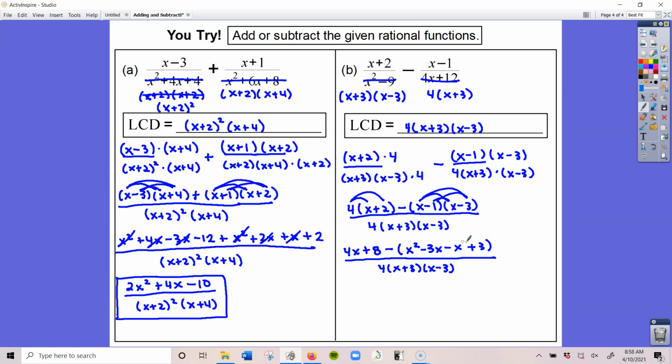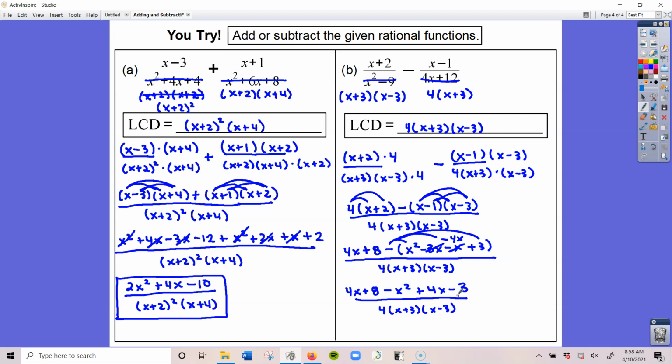Now here we can combine these two like terms. Negative 3x minus x is negative 4x. And now I can distribute this negative, which would give me 4x plus 8 minus x squared plus 4x minus 3 all over the LCD, which is 4 times x plus 3 times x minus 3.